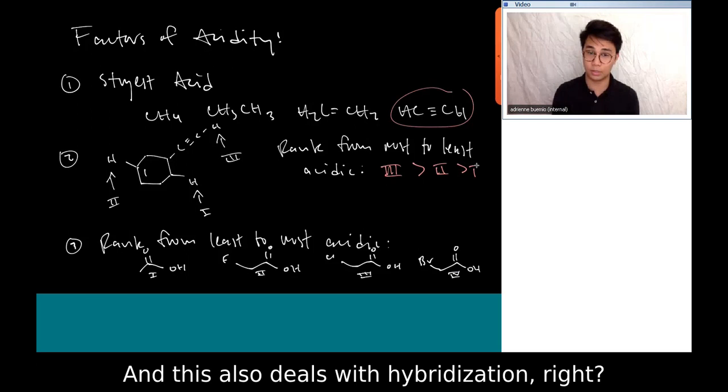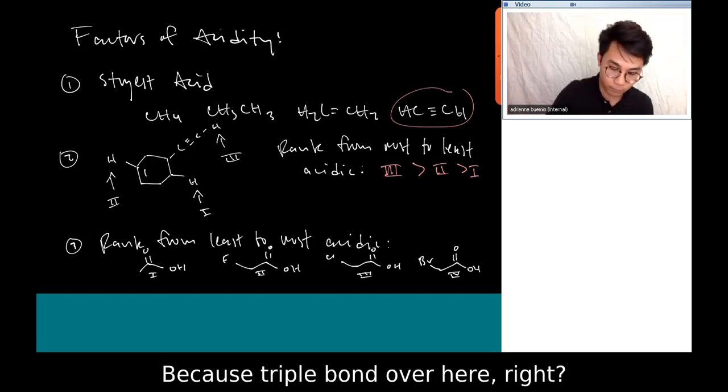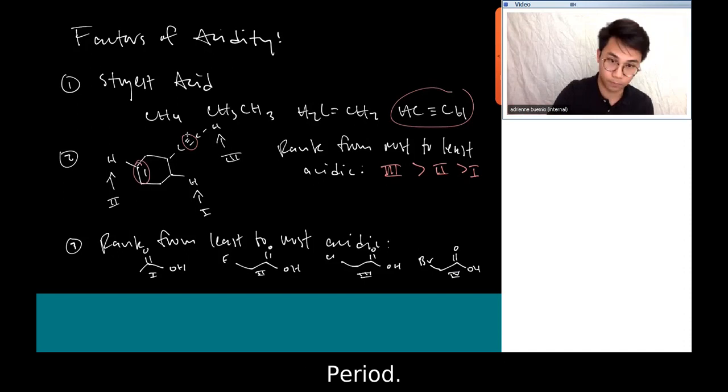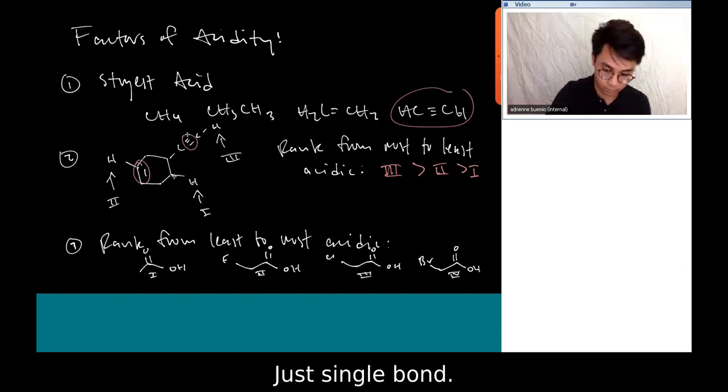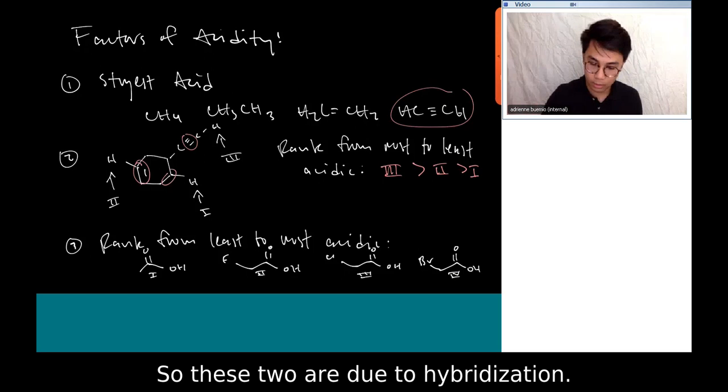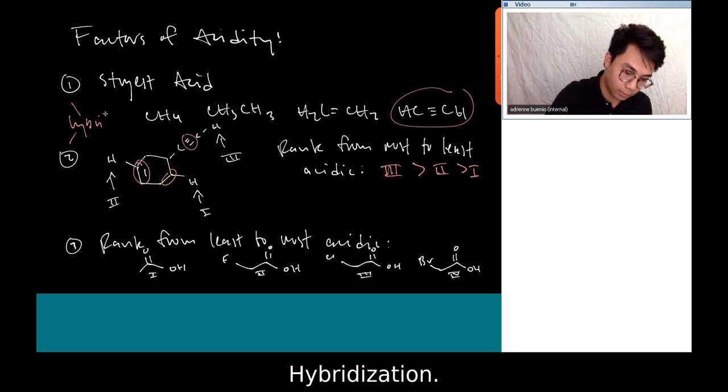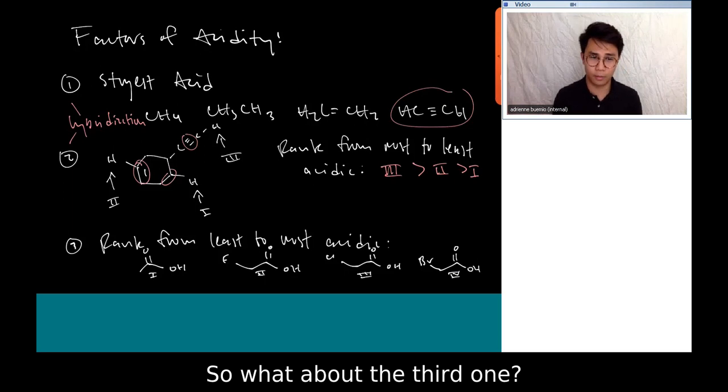And this also deals with hybridization, right? Because triple bond over here, double bond over here, here is just single bonds. So these two are due to hybridization, right?